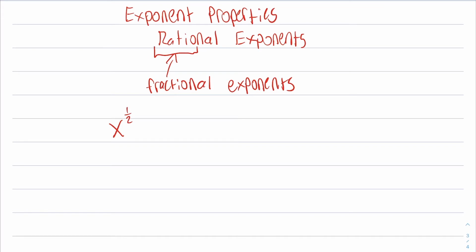In the past, whenever we've been doing x squared, that means we're going to do x times x. When we're doing x cubed, that means x times x times x. That means it happens 3 times. So if I have x to the power of 1/2, does that mean we're going to have half of an x?